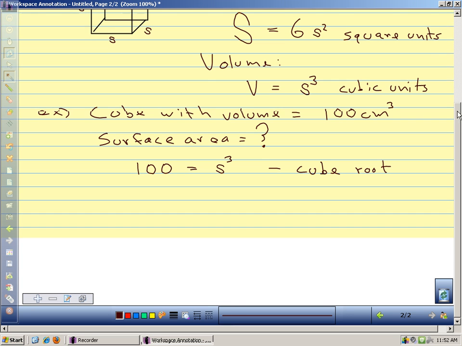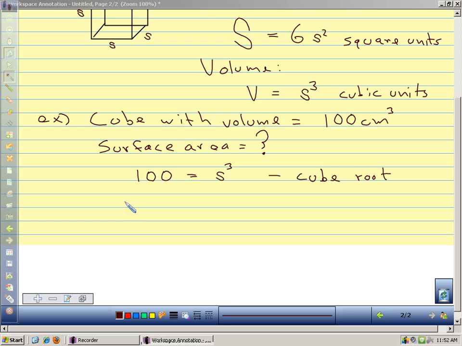But you should have a key that either looks like this on your calculator, and it might be one of the shifted keys, or you should have a key that looks like this, or some kind of variation of those two. And this is the key that you'll need to use to find the cube root.